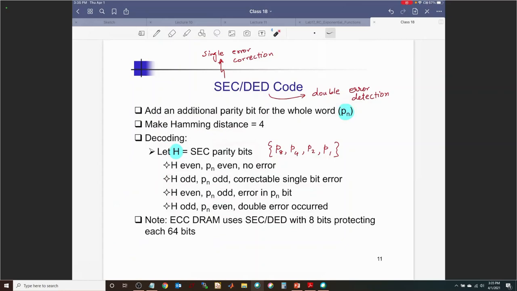So that's sort of a quick discussion on what a double error detection code could look like with one additional parity bit for the entire code word while monitoring the parity of the parity bits. Right? So H is like the parity of the parity bits.